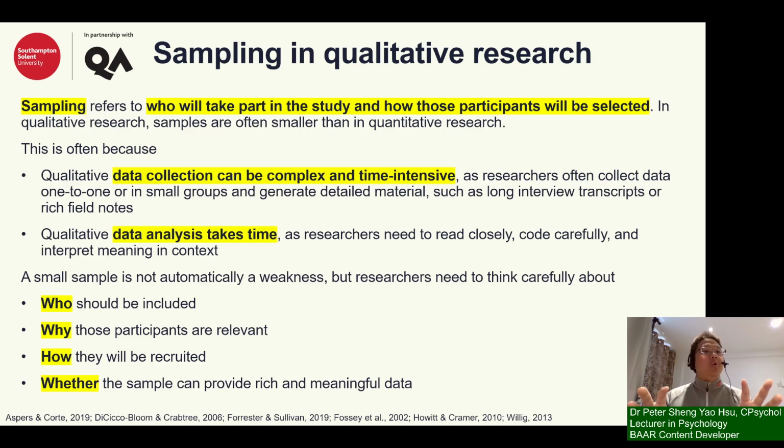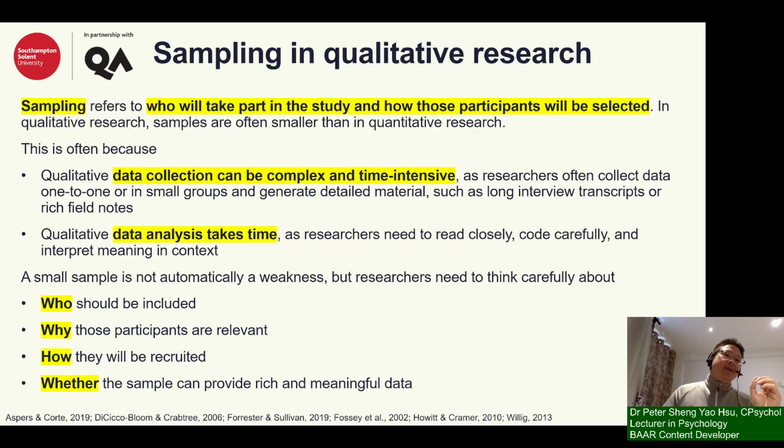So, when evaluating qualitative sampling, avoid asking only, is the sample big enough? A better question is, is the sample appropriate, justified, and capable of answering the research question?